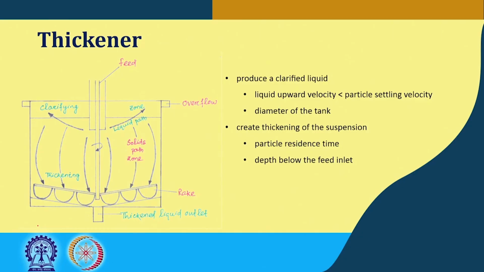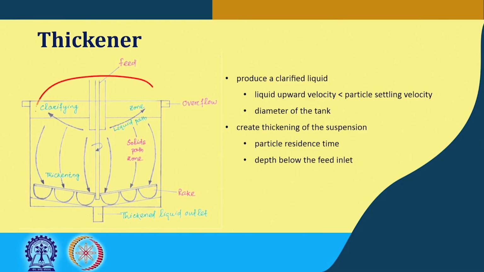Now, we have seen its working principle, and the reason why earlier we studied the derivation for the expression of flux for net upward as well as downward flow. Because in a thickener we basically have two zones.